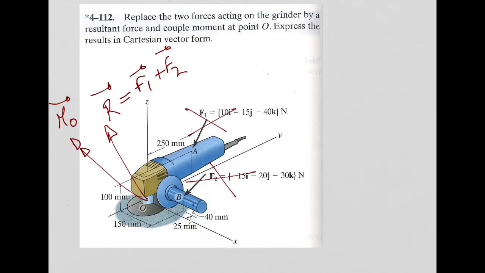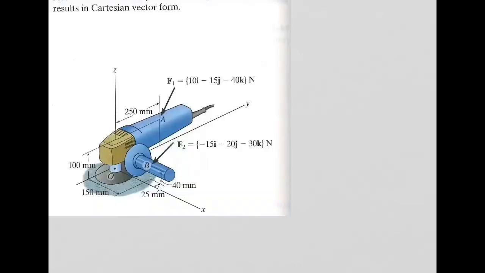Let me copy this. So let's take this same example and let's modify it a little bit now. And what I'm going to say is something like this. Imagine that I now have, for example, I'm going to add here two more forces.